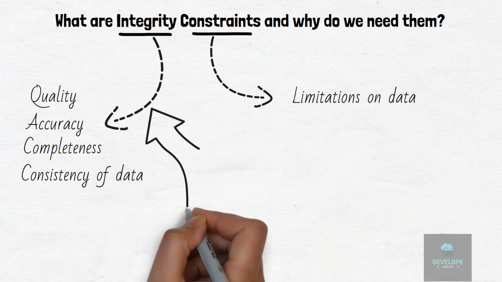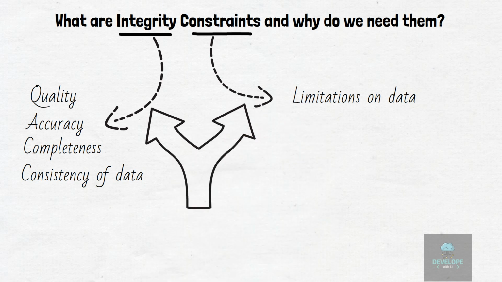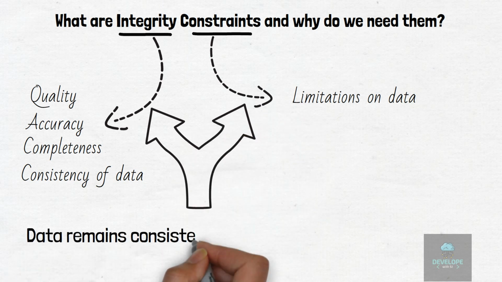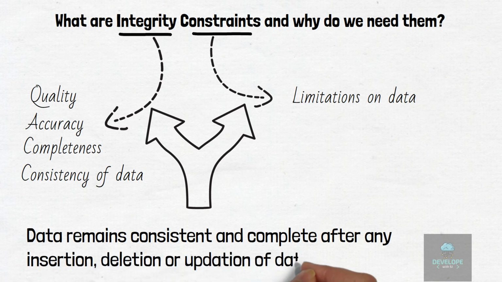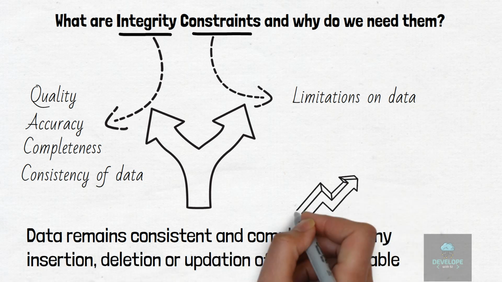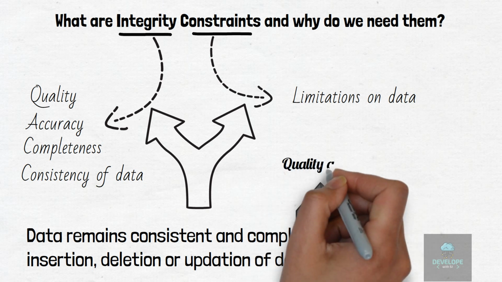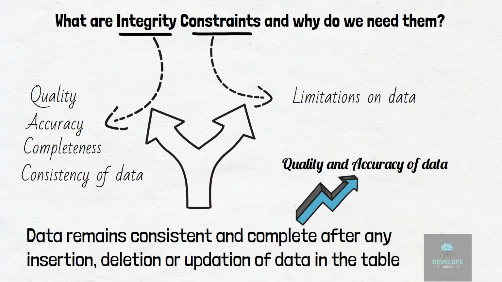Therefore, integrity constraints refer to the fact that data remains consistent and complete after any insertion, deletion, or updation of data in the table. And all this is required to maintain the quality and accuracy of data in the database.